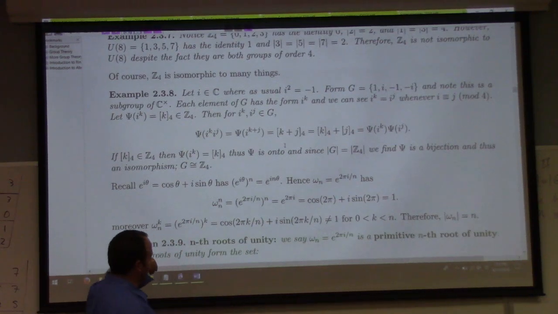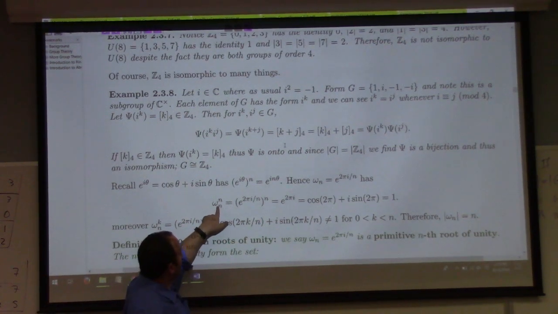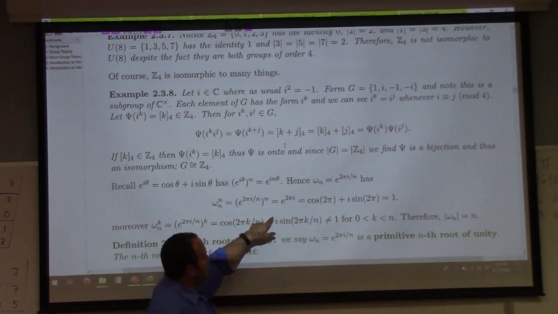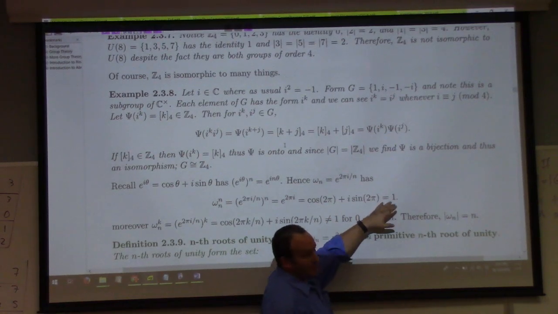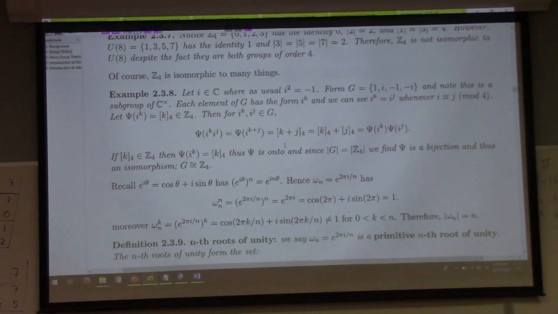Long story short, if you take the principal nth root of unity and raise it to the nth power, you get back cosine 2 pi plus i sine 2 pi, which is 1. So any power of e to the 2 pi i over n, raised to the nth power, gives you back 1. So it's a solution of z to the n equals 1, and we call such solutions nth roots of unity.